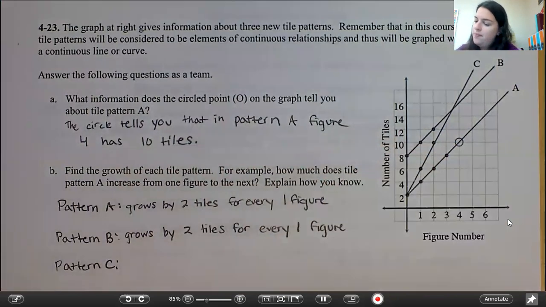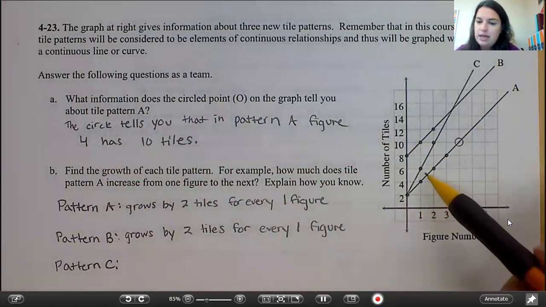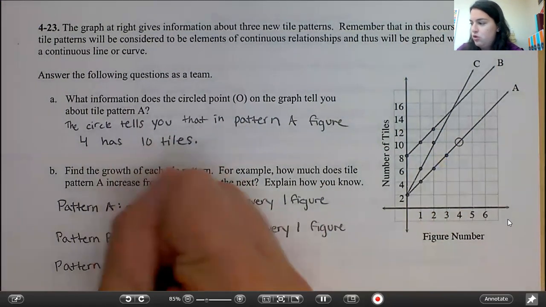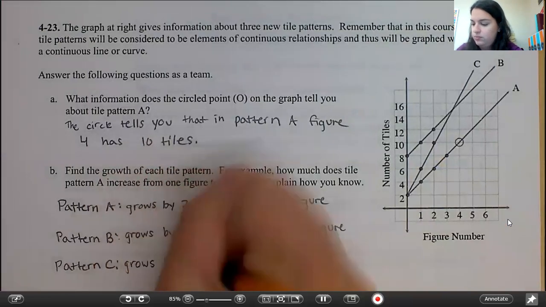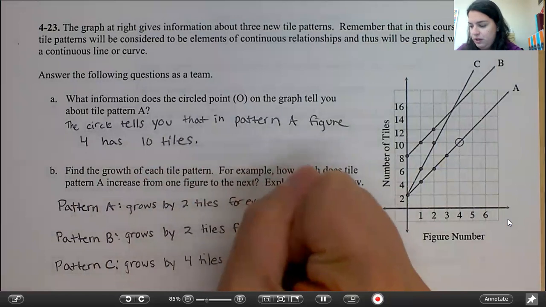In pattern C, it also starts at 0, 2, so tile pattern 0 has 2 tiles. Tile pattern 1 has 6. Tile pattern 2 has 10. So here, it grows by 4 tiles for every 1 figure.